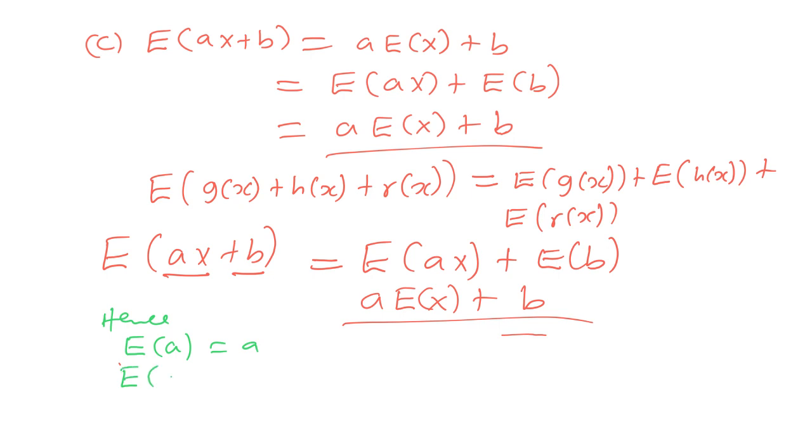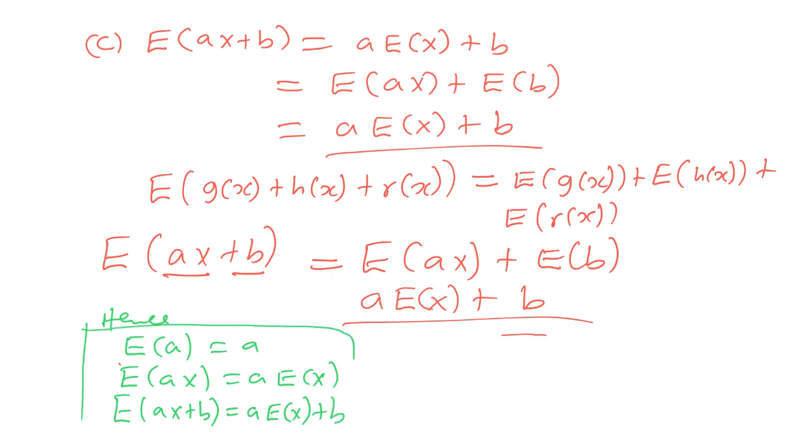If you have E of a constant times X, that's going to be a constant times the expectation of X. And if you have E of AX plus B, you end up with A times E of X plus B. These results are very important as we move on with the discrete random variables and later on with the continuous random variables. So make note of this in your notebook. You shall always refer to that.